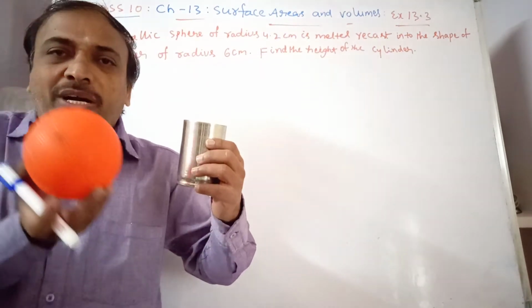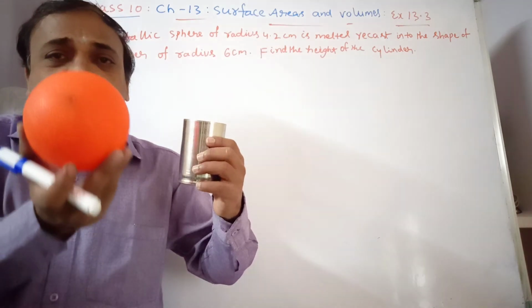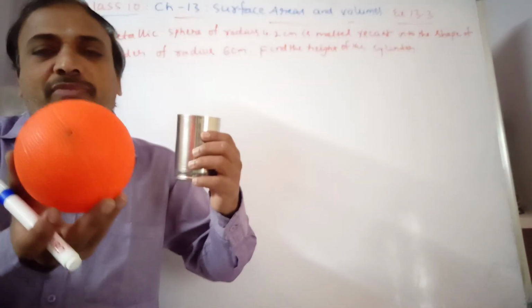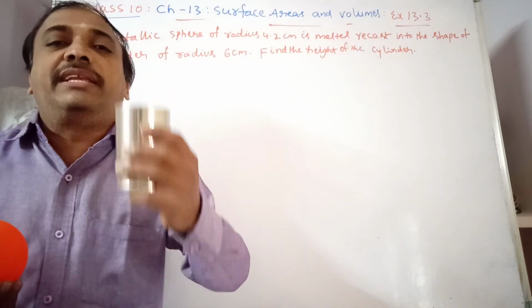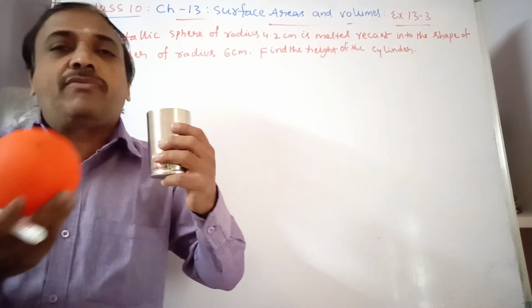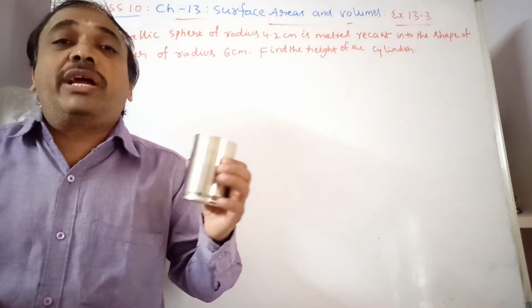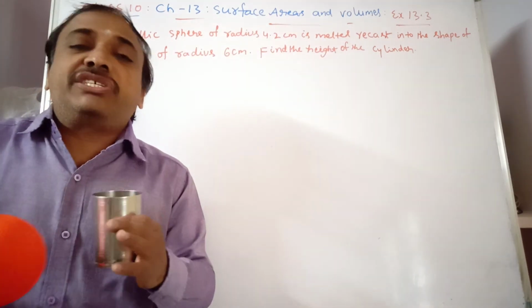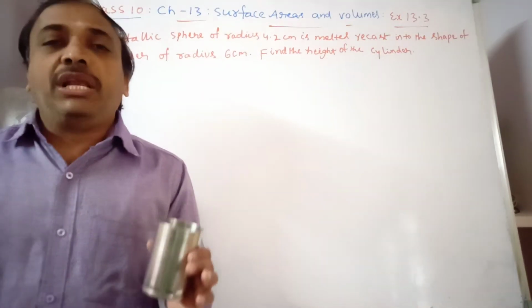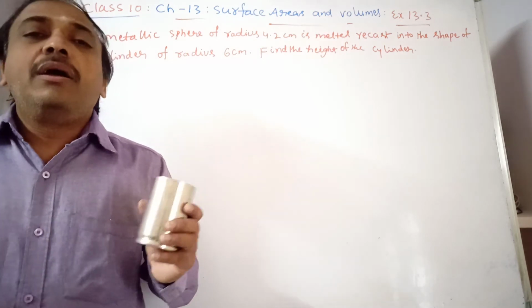That means the volume of the sphere is equal to the volume of the cylinder. Then you will find the height. So you have to equate both the volumes, then you will obtain the required measures.